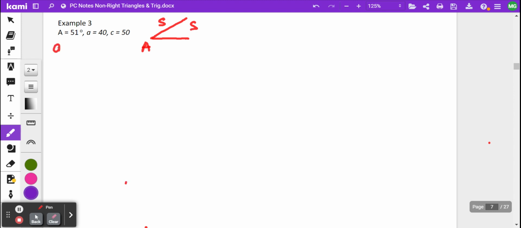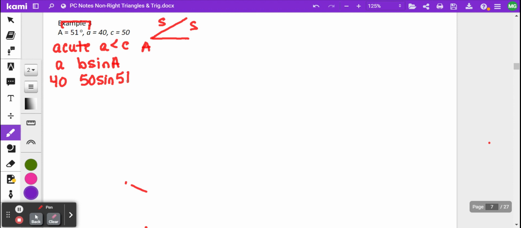So the first thing we're going to remember is that we have an acute angle given to us, and the side opposite that angle is less than the other side that's been given. Because that's the case, we're going to compare A to B times the sine of angle A. In this particular case, it's going to look like 40, and we're going to see how it compares to 50 times the sine of 51.